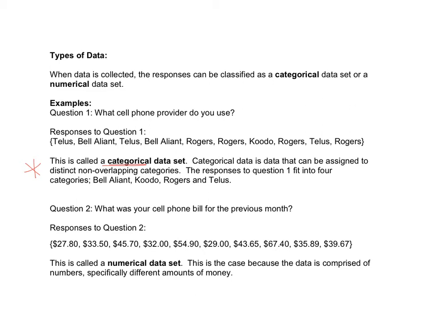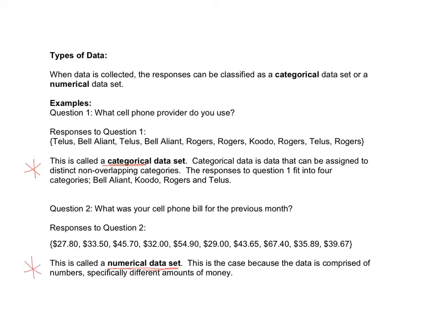And the responses are all of these answers: $27.80, $33.50, etc. So this is a numerical data set. The data is comprised of numbers, and in this case, different amounts of money. So categorical gives you answers that are categories. Numerical gives you answers that are numerical.